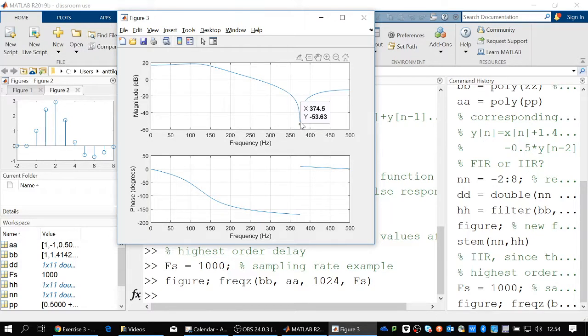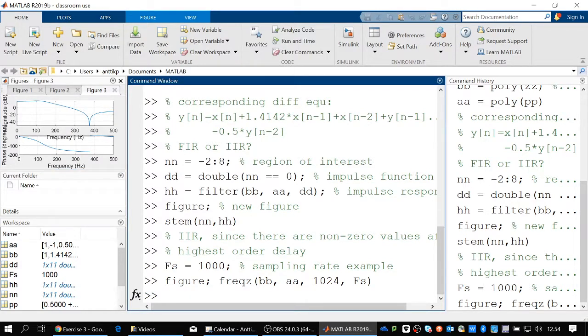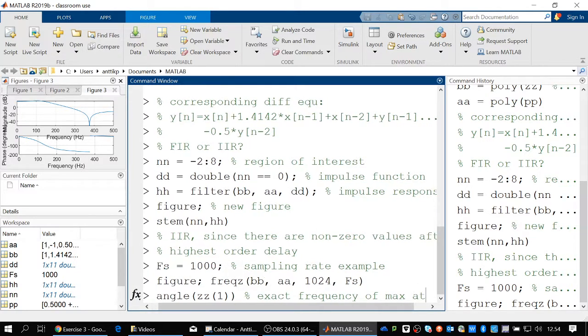The exact frequency would be when you take the zero location and say angle of Z, for example, at first Z, exact frequency of max attenuation.